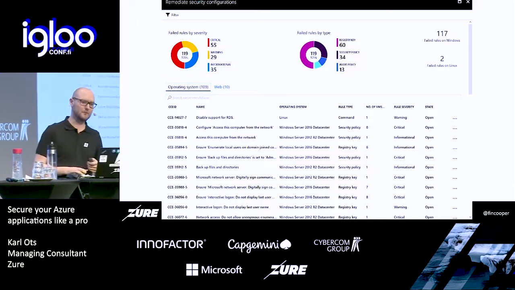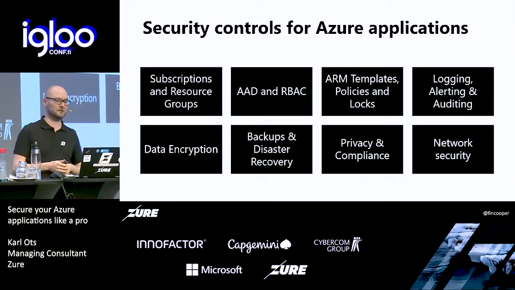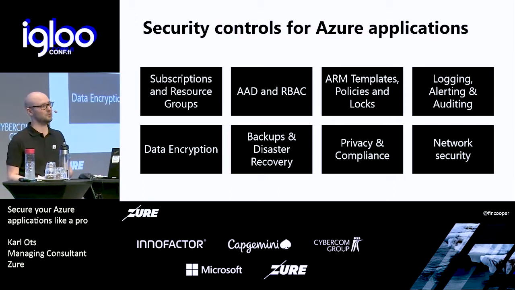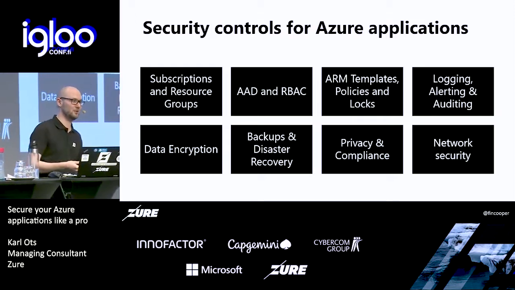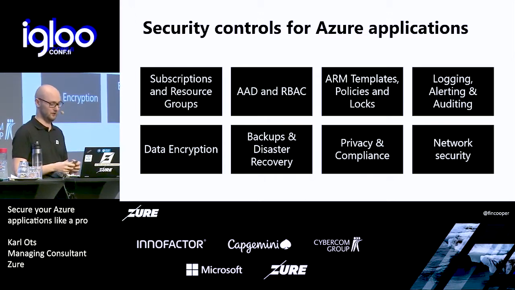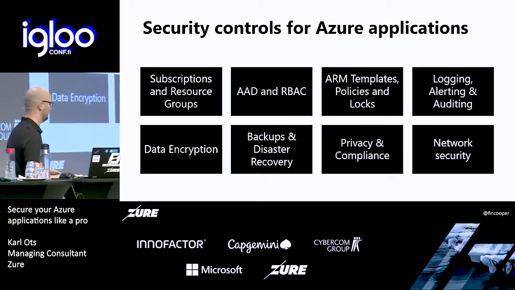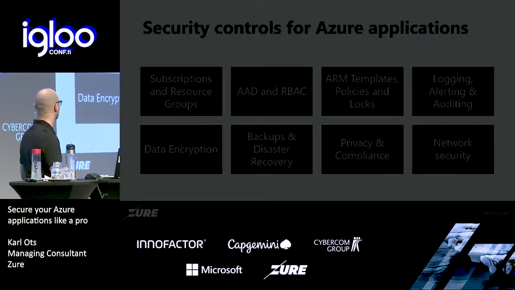And Azure adds to that the complexity of platform as a service and something else that is not hosted on a host that we can control or patch or harden on our own. And that means that we can actually add some other security controls in there as well.